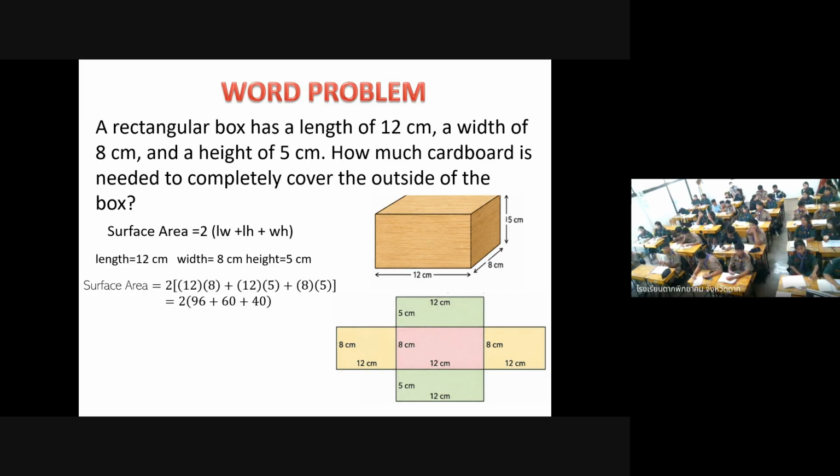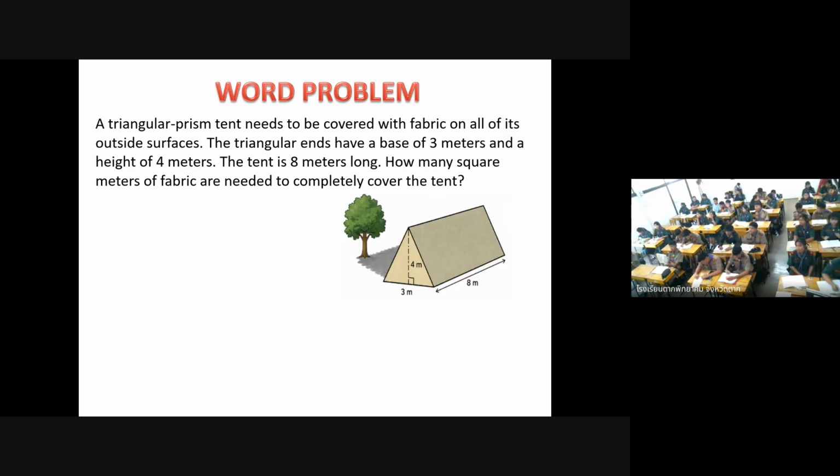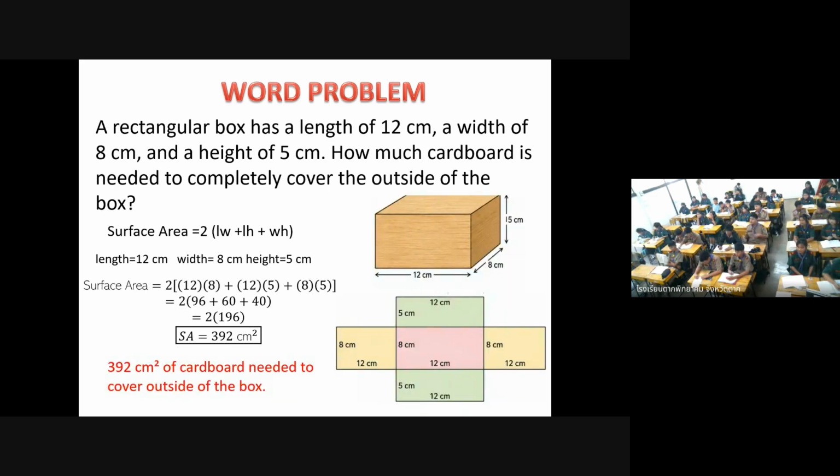And then add, and multiply by 2. So therefore, we have 392 centimeters squared. In the word problem, you need to complete your answer. Based on the question, how much cardboard is needed to completely cover the outside of the box?